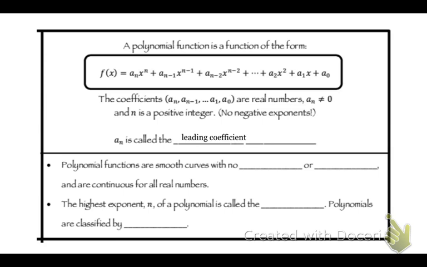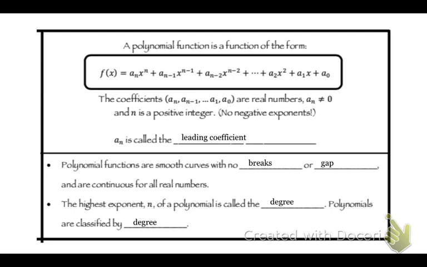And then polynomial functions are smooth curves with no breaks or gaps, and are continuous for all real numbers. The highest exponent power is called the degree, and they're classified by their degrees.